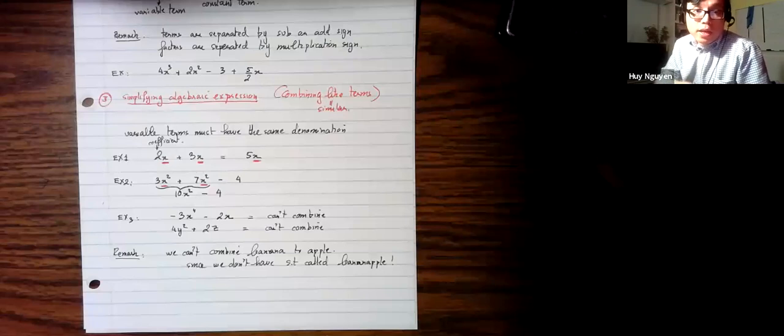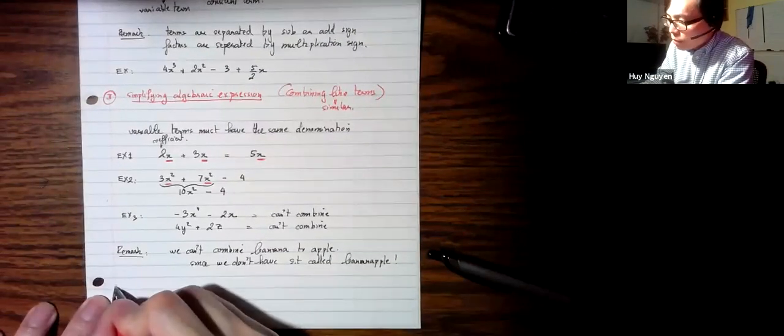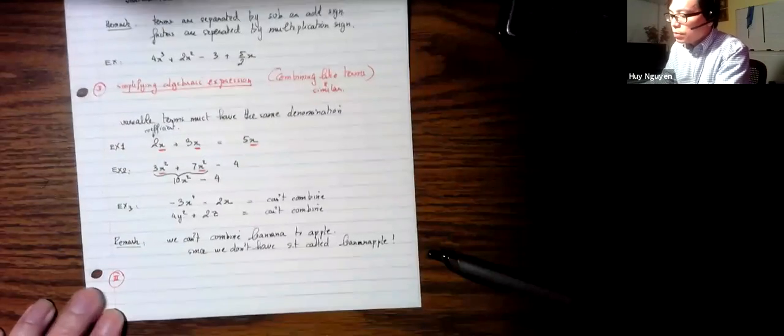So they can add anything into your algebraic expression and they want you to simplify it. And in order for you to be able to simplify any algebraic expression, you need to know 2 properties. And maybe some of you have already heard these properties.